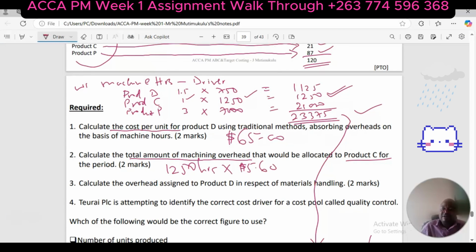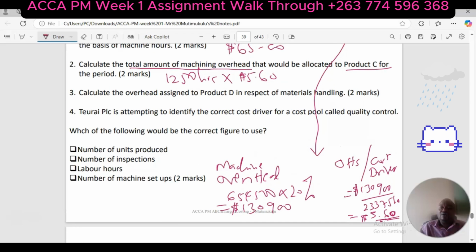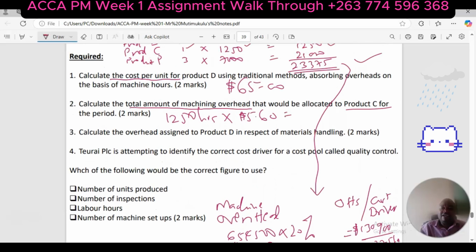This is the 5.60 I'm talking about. So 1250 multiplied by 5.60 per hour, and we get $7,000.